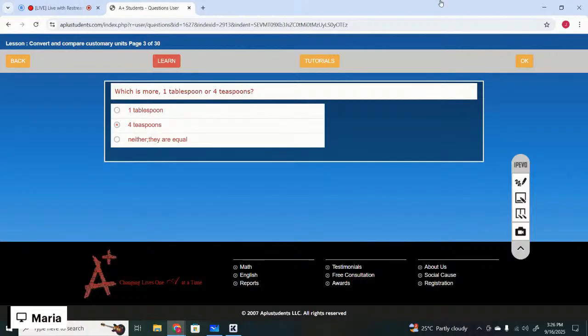So 4 teaspoons is more than 1 tablespoon, right? Because 1 tablespoon equals 3 teaspoons. The correct option is 4 teaspoons is more.